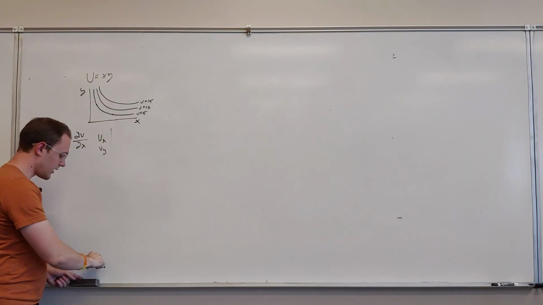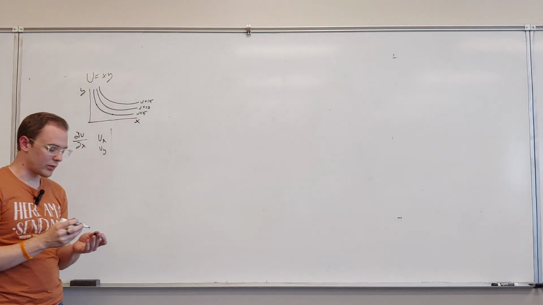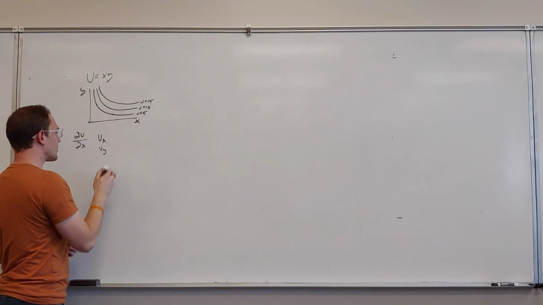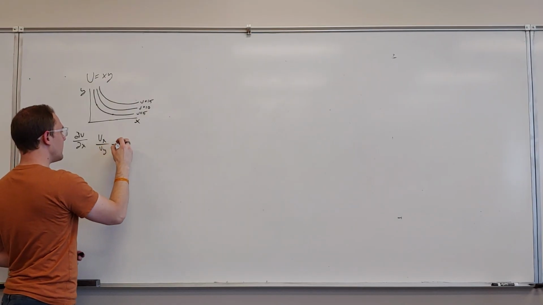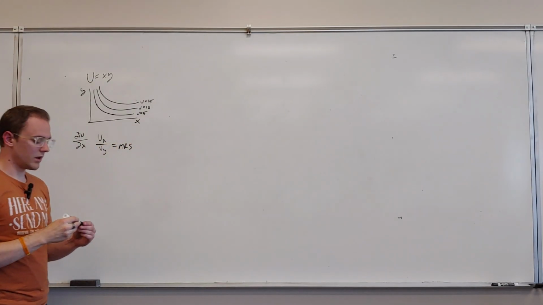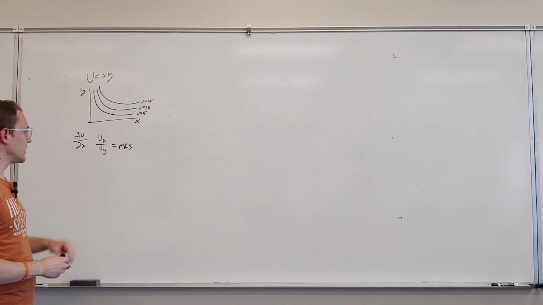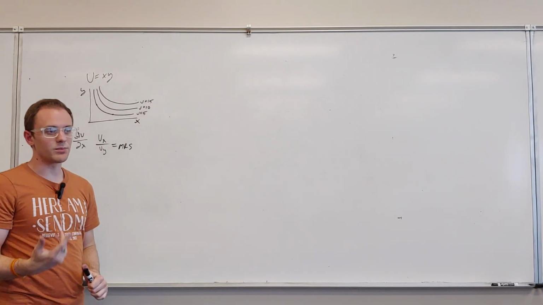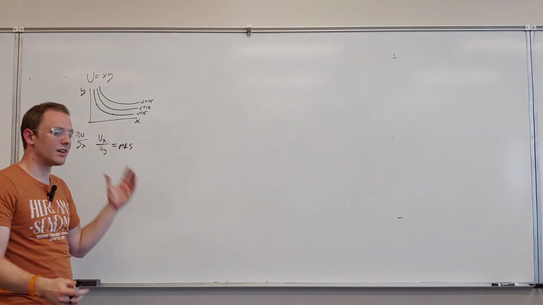We're interested in how much utility we get when we increase our x or y by 1 unit, but we're also interested in the relationship between those. So we're going to call that the marginal rate of substitution, which relates the marginal utility of x and y to each other. That's important. And what's also important is the prices of x and y.